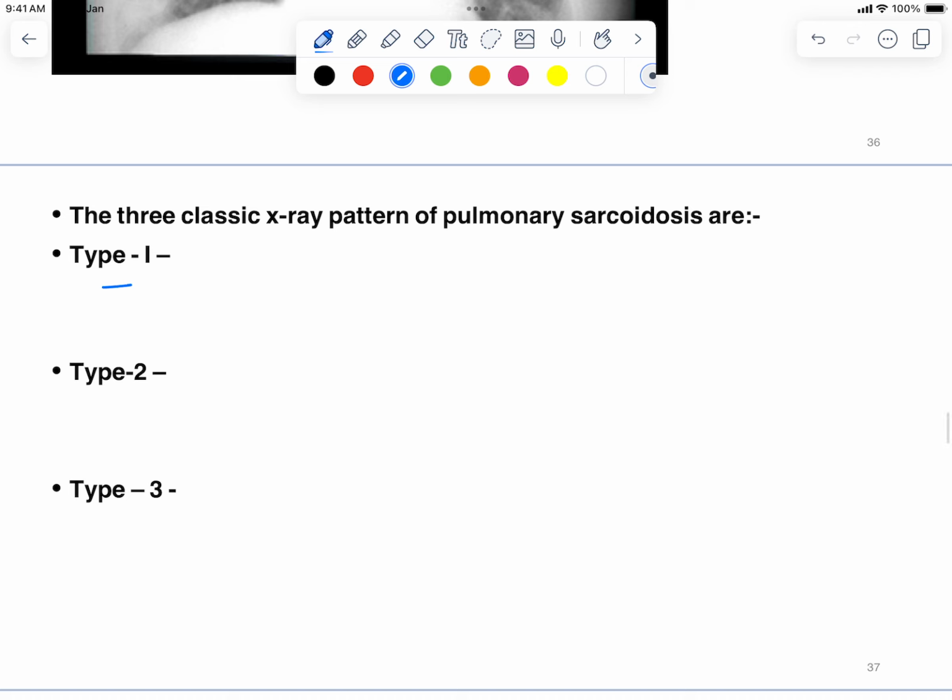In type 1, there will be bilateral hilar lymphadenopathy. Along with the bilateral hilar lymphadenopathy, there are no parenchymal changes. So parenchymal involvement is absent in cases of type 1.